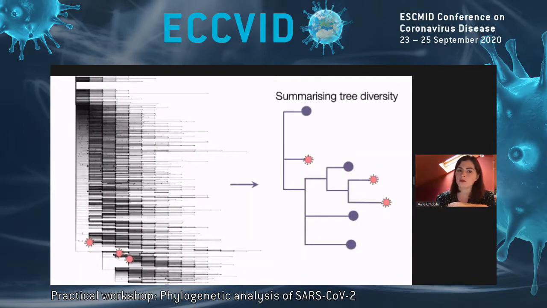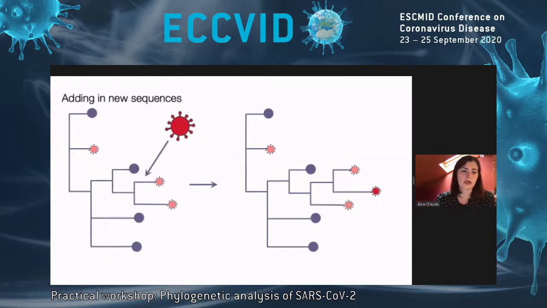So it really condenses a lot of information into relationships. It can also add in new sequences. If you have just completed a sequencing run and you want to see hot off the press where your sequence exists in that tree, it can add it in. And that means you don't need to rebuild the whole tree each time.